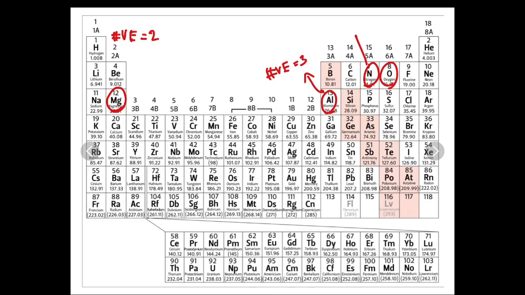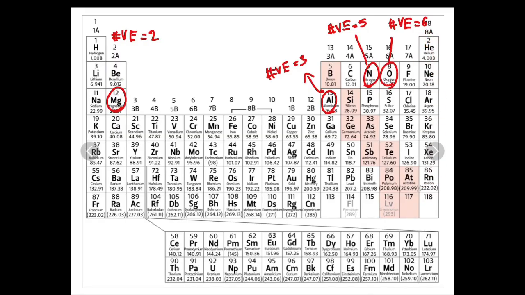And nitrogen, group 5, would have its valence electrons equal to 5. And group 6, so 6A, the number of valence electrons would equal 6. Okay, so if you keep continuing all the way to group 8A, we know that the noble gases contain 8 electrons in the outer shell.